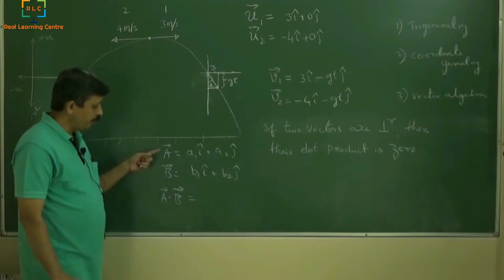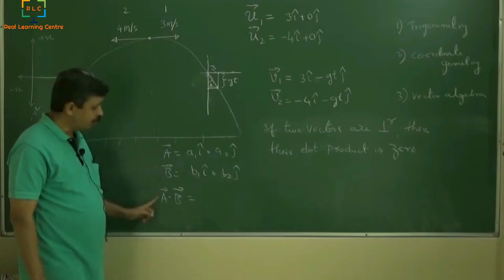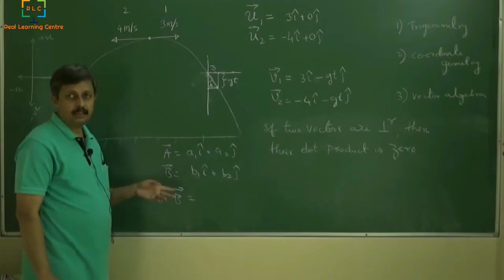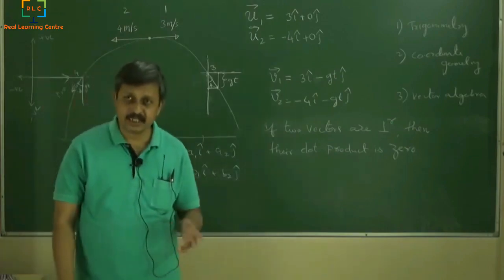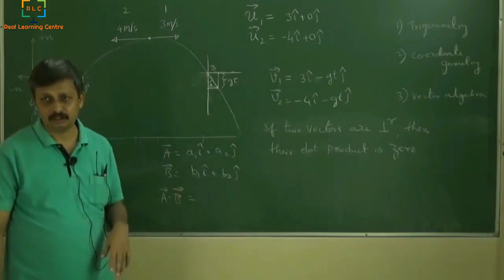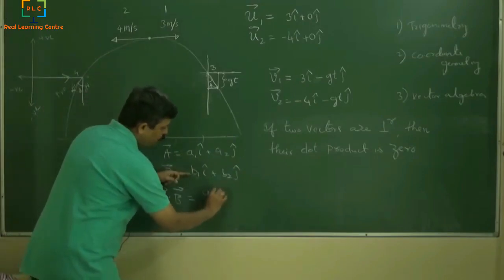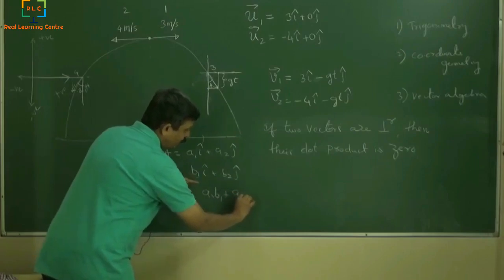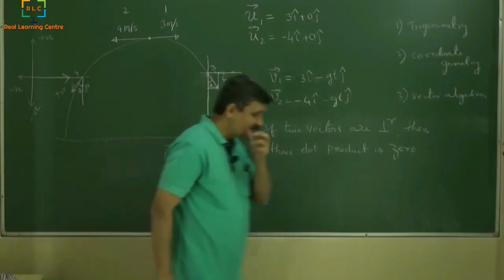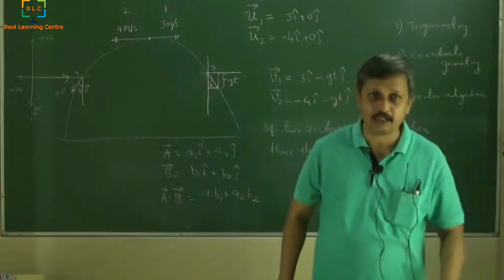Though vector A and vector B are vectors, dot product is a scalar. So if it is a scalar, it means it doesn't contain i and j. So the answer is A1 into B1 plus A2 into B2. That's all is defined as a dot product.